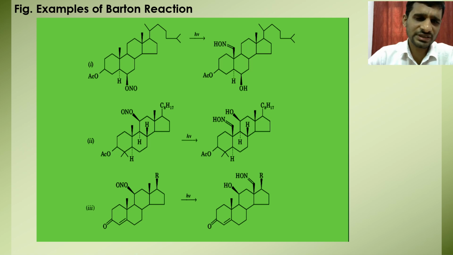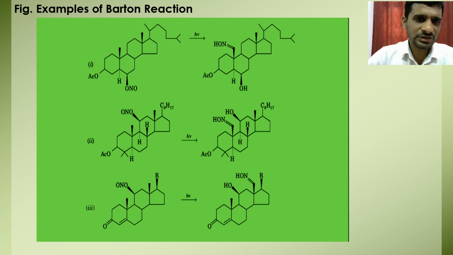Although such a question seems very difficult, once you understand the mechanism and have knowledge of the reaction, you can predict these products very easily. Let us now discuss all the 3 examples one by one. In the first example, we have this alkyl nitrite NO2 group in the middle ring, the second ring between these two hexagonal rings.